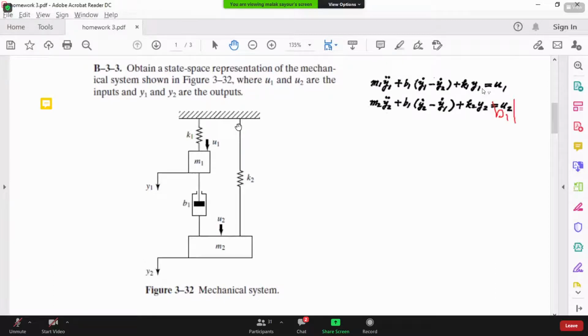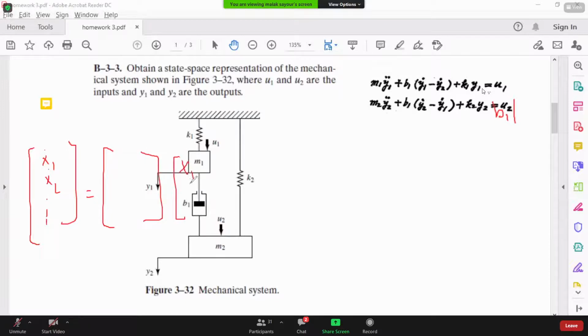And we all know, the state space representation is always of this form. So we have, for example, y1 dot, y2 dot, and so on, is equal to a matrix times x1, x2, and so on, plus another one times your inputs, U1 and U2.